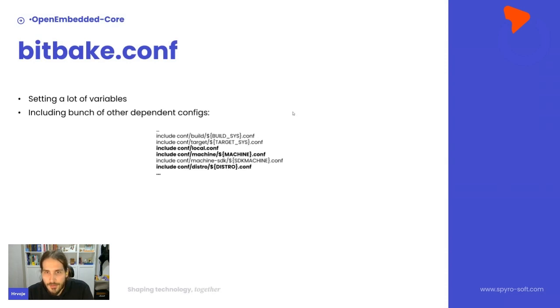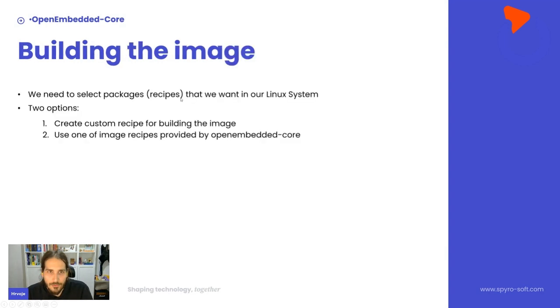In our case here, I would say the most interesting ones are this local config, machine config, and distro config. Now, I don't want to say that others are not important, but I will not be explaining them here. You can Google them and search them to see what the other ones do.